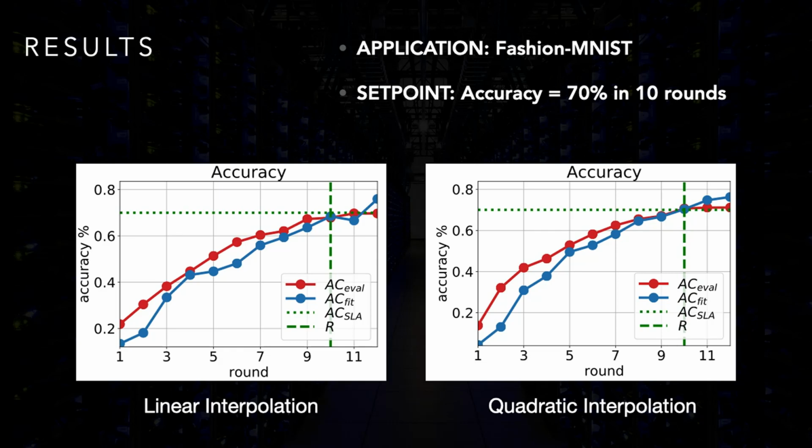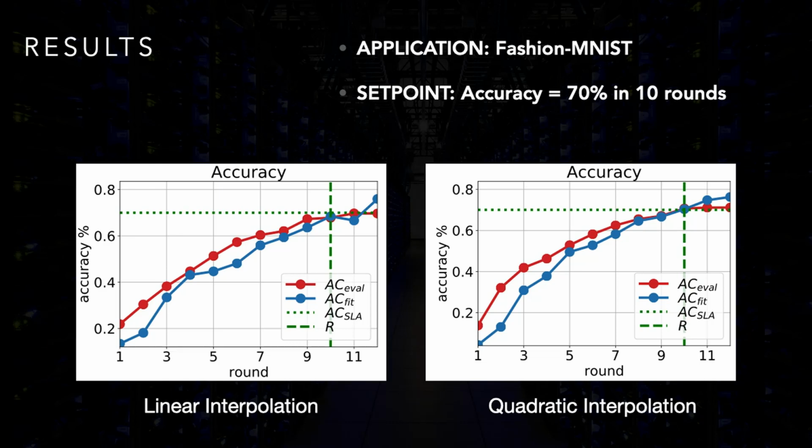In green, with the vertical line, we have the target number of rounds, and the horizontal green line is the target accuracy.